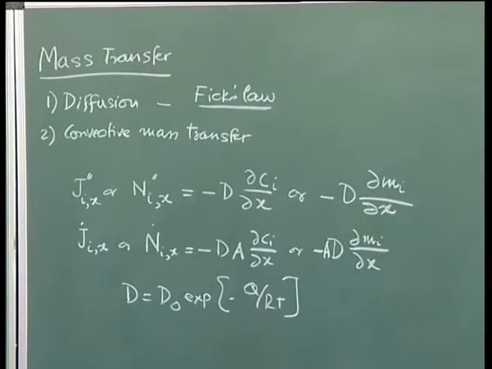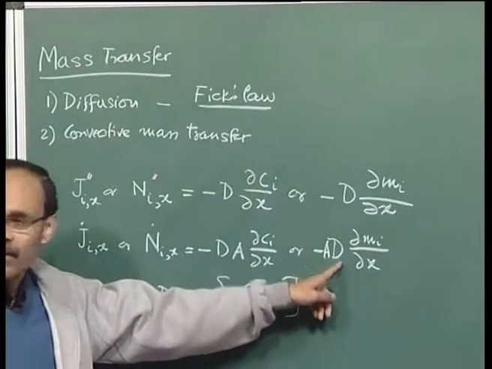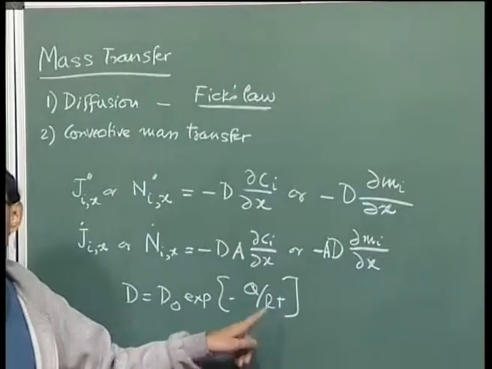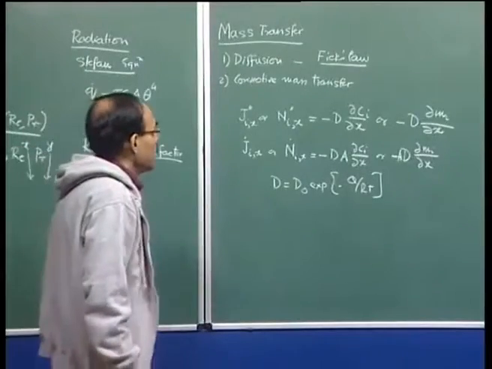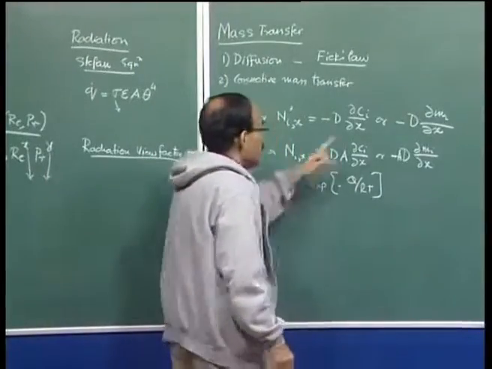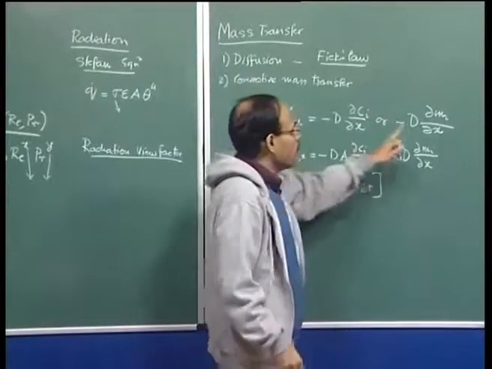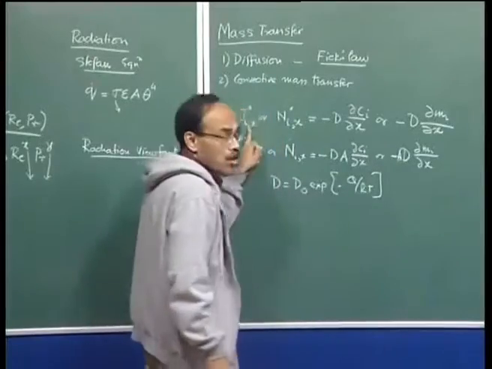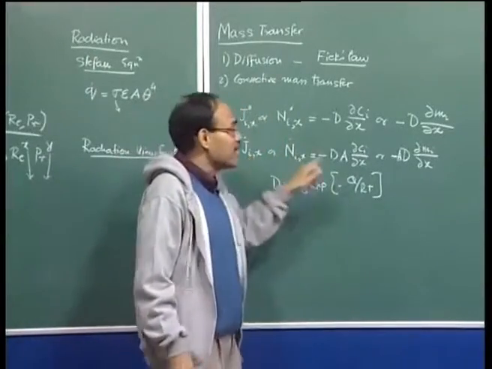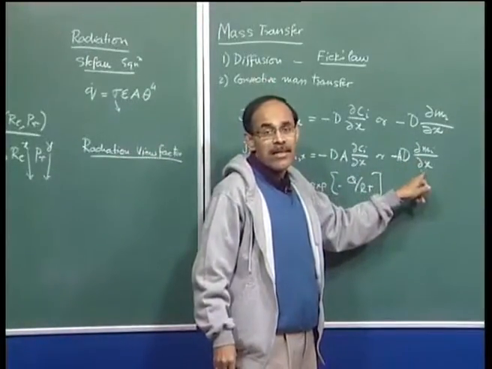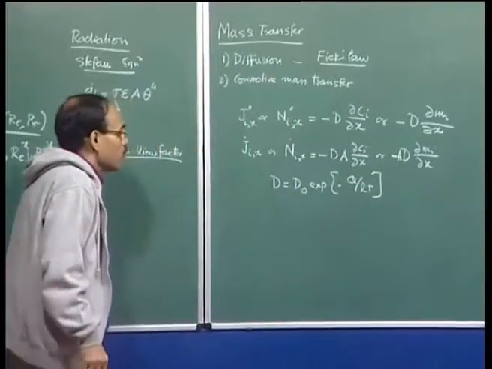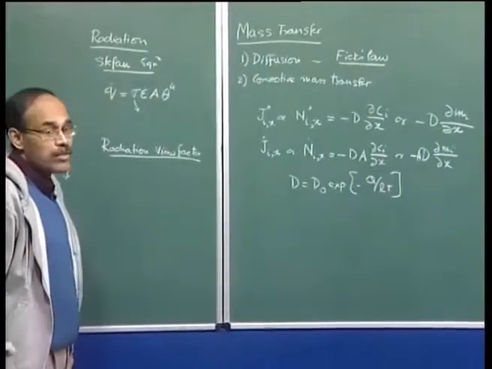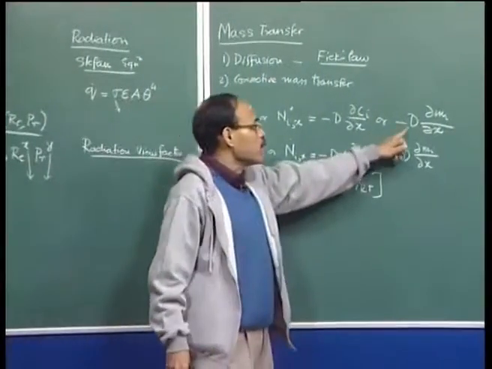So the diffusion coefficient is a state property, just like thermal conductivity, it depends on the temperature under consideration. So if you know the temperature, you will know the diffusion coefficient, and to know the flux or the net rate of transport, what is needed is the concentration gradient. As a thumb rule, we will say that material moves from a region of higher concentration to a region of lower concentration. There is one-to-one similarity between D and K.